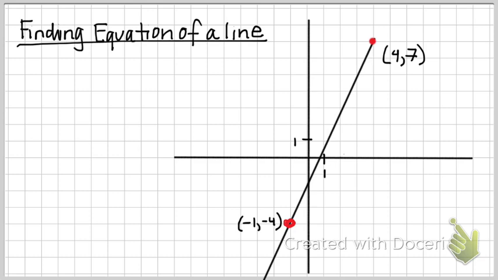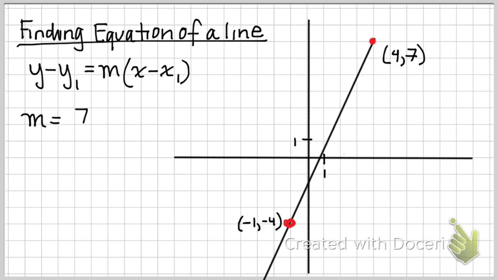The form of the line that I always like to use is the point-slope form, and then if I need to convert it to some other form, I always can. So here, the slope is going to be change in y over the change in x.